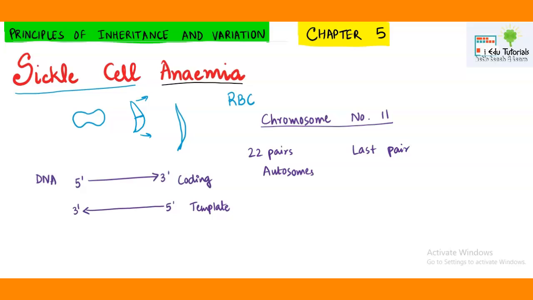Now, RNA always gets synthesized from the template strand, and that is why the polarity of the RNA is 5 to 3 prime.